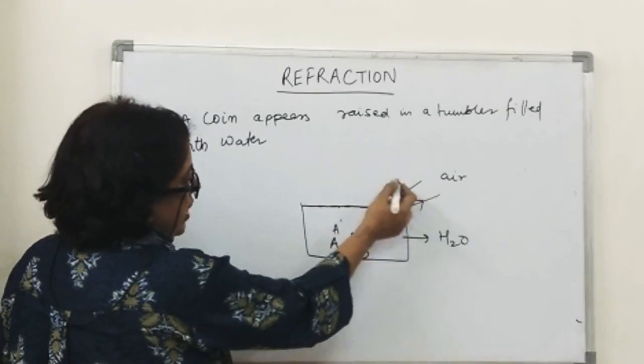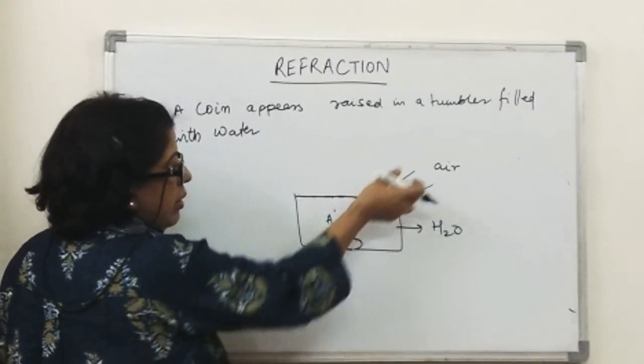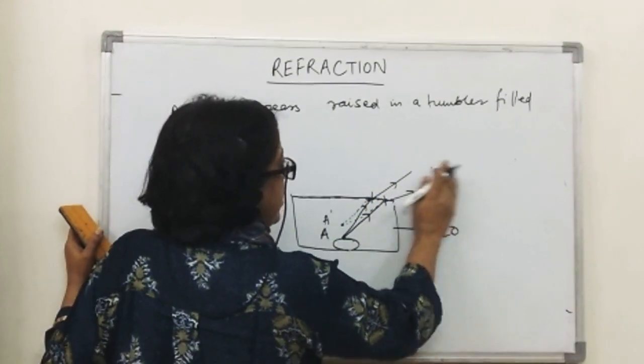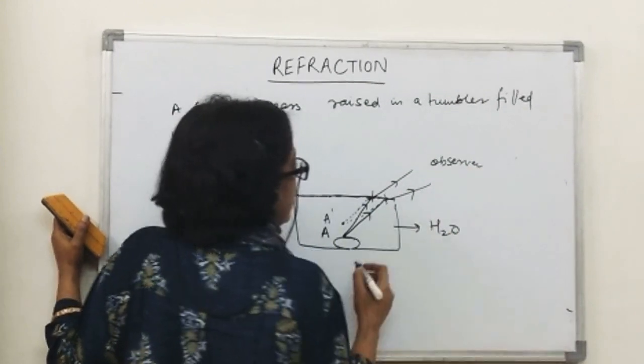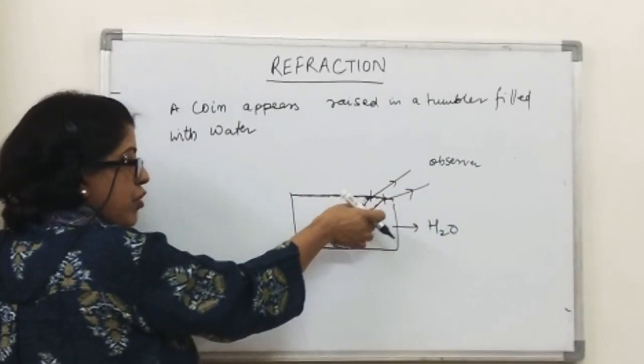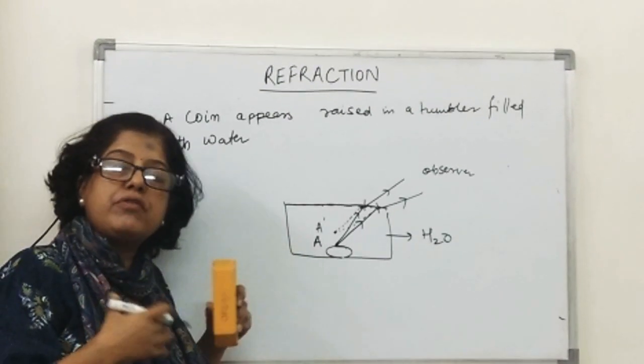The refracted rays appear to come from a point A dash instead of point A, because to an observer standing here, the rays appear to be coming from a straight line. To us, light rays always appear to be coming from a straight line.